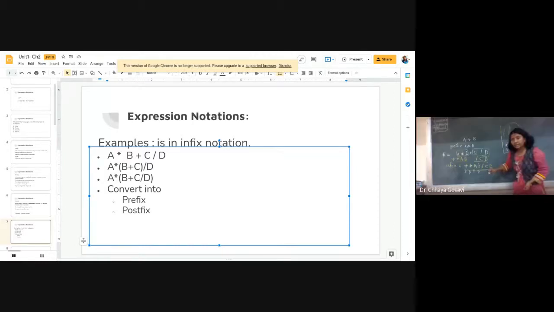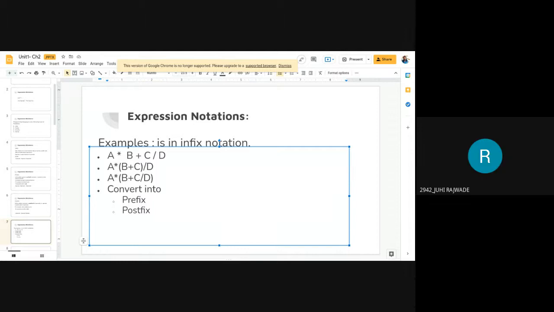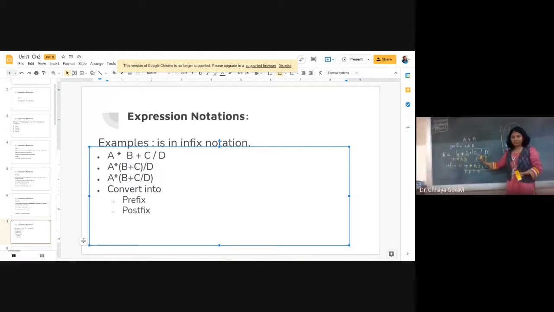Ma'am, why are we not taking the slash operator also in front, like plus, then we take the star sign, then AB, then slash CD? We can't take slash in the front, no, it will change its precedence. We have to perform C slash D before addition.